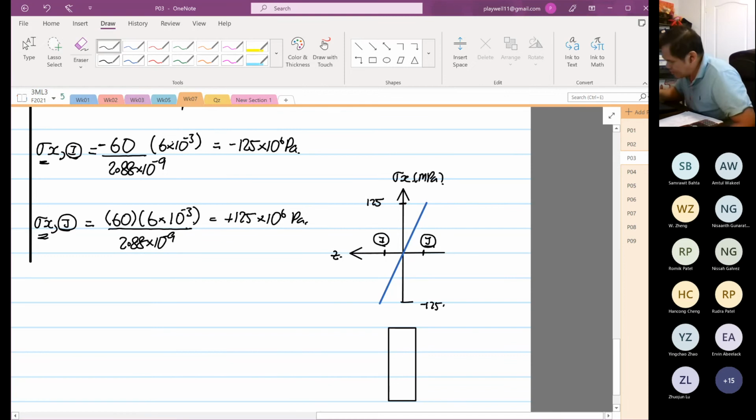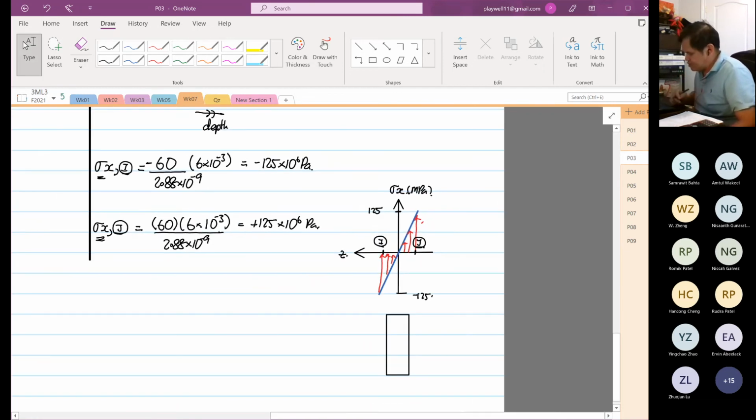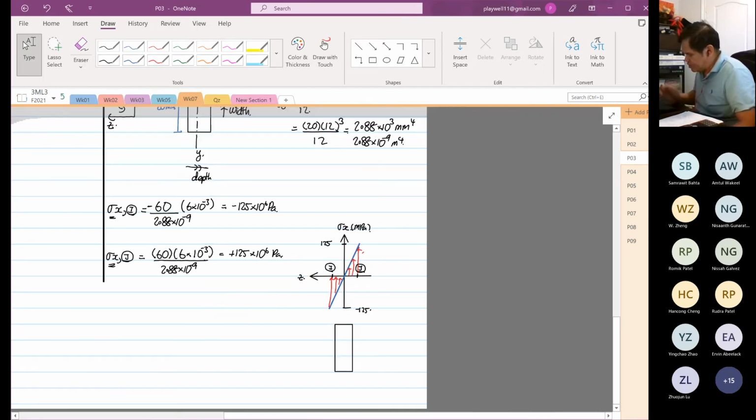To sketch our stress field distribution, this is compression, pushing towards, and this is our tension, pulling away. So this is our stress distribution, still stress in the X direction.